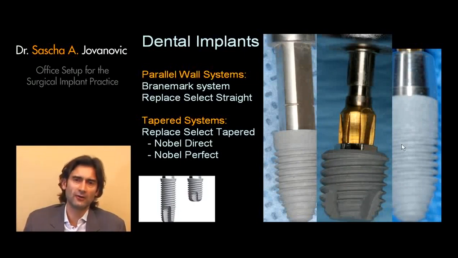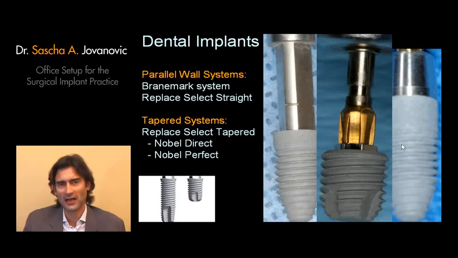If you have the opportunity, obviously both parallel and tapered are a good indication, because as I mentioned earlier, they both have a little bit of their relative risk. Tapered for over-compressing the bone when it's very dense, and parallel, that's difficult to place in sockets, and in soft bone, again, they lose stability.